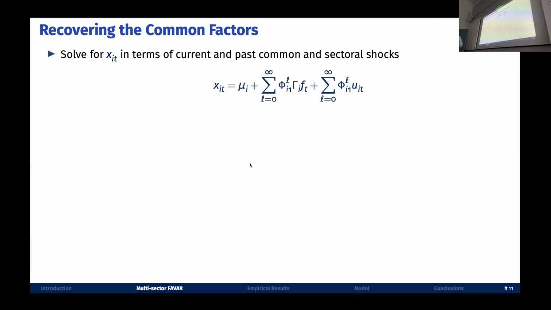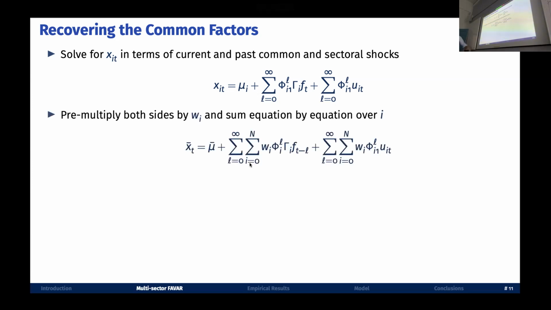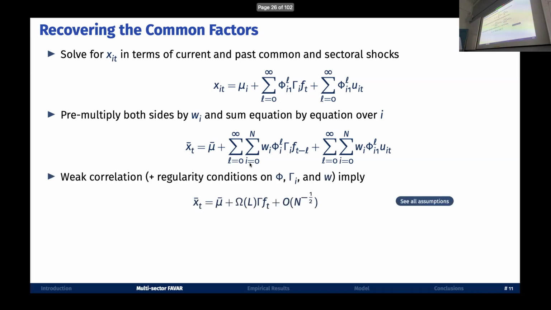Again, quite trivially. The first thing I can do is to write recursively my VAR as a sum of infinite shocks, both the aggregate shocks with the loadings and the idiosyncratic residuals. Then I can take weighted averages on the left-hand side and the right-hand side. So I have observables on the left-hand side and a bunch of weighted averages of shocks, an infinite sum of shocks, on the right-hand side.